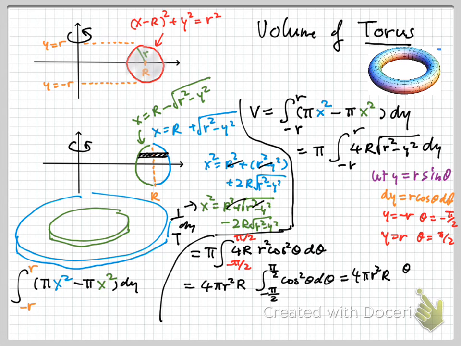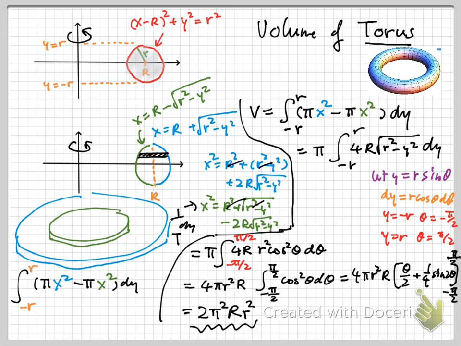The result is theta over 2 plus 1/4 sine 2 theta, evaluated from minus half pi to half pi. And this answer eventually goes to 2 pi squared capital R times small r squared.